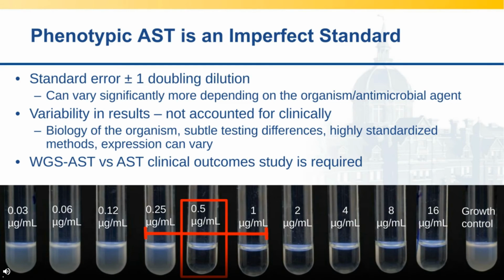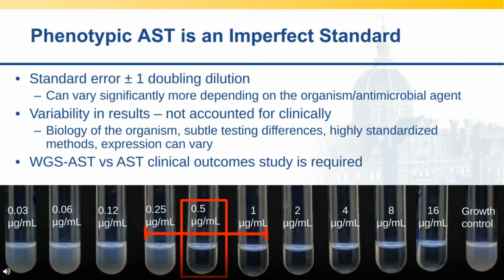For instance, with piperacillin tazobactam and Pseudomonas aeruginosa, the variability can be much larger just within the standard error of AST testing. And this variability is really not accounted for in the clinical setting, as it's not practical for us to perform replicate MIC tests for clinical care. These prescribed phenotypic methods are highly standardized in inoculum density, media, temperature, atmosphere, and incubation period, which really do not reflect the variation of the environment and expression of phenotypes that can occur during clinical infection.